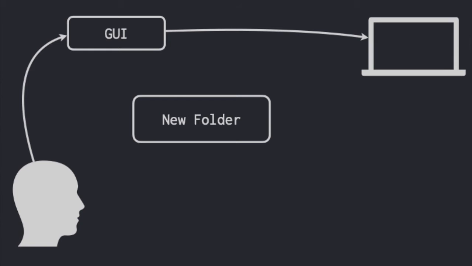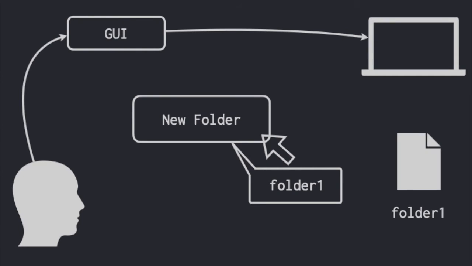So in this case, we would click a button called New Folder somewhere, and it would pop open a little window where we can type folder 1, specifying that we want a folder called folder 1, and that's it. Your computer will create that folder for you. So that's what we see as users. We click a button, we type something, and the computer essentially just creates the folder for us.